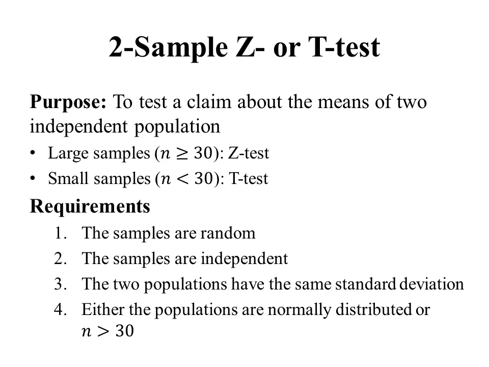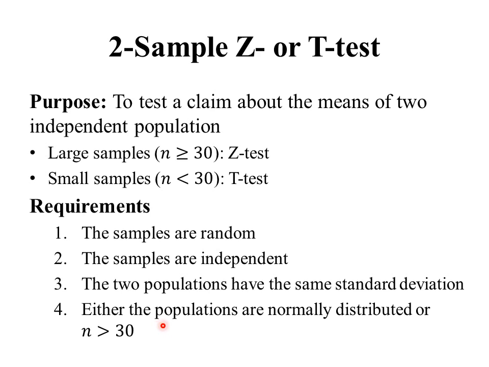Requirements for this type of test: number one, the samples are random. That's always a requirement. Number two, the samples are independent. Again, this word independent is very important. Number three, the two populations have the same standard deviation, and the book talks about how to check if that's met or not.